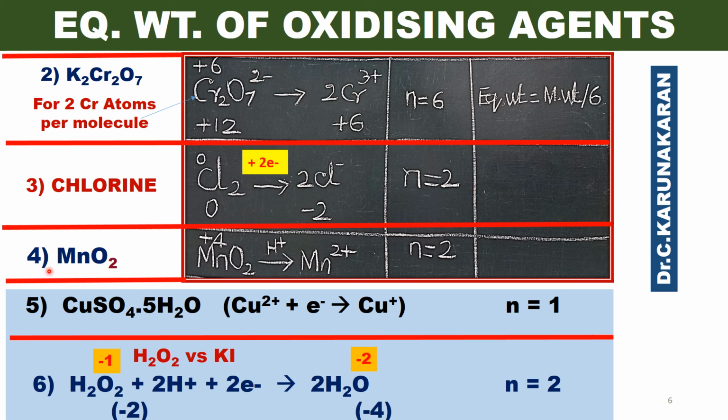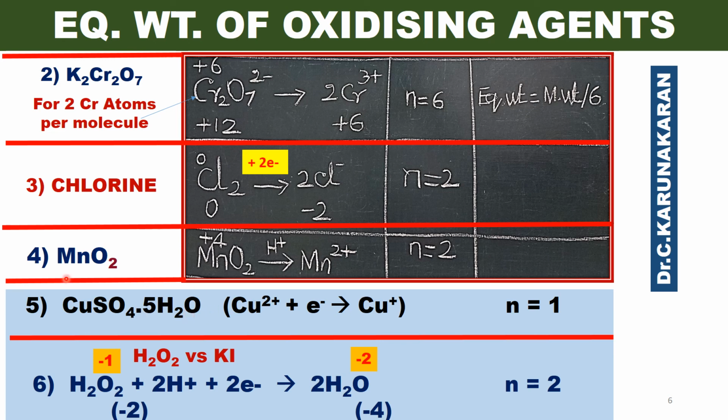Next, MnO2. MnO2 is also a good oxidizing agent used in many organic reactions. In acid medium it is reduced to Mn2 plus, and here the change in oxidation number is plus 4 to plus 2. Therefore N equals 2.